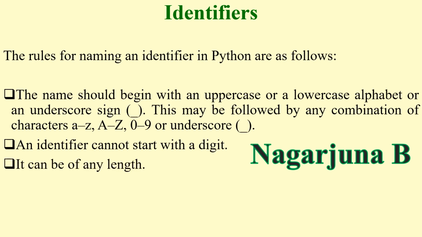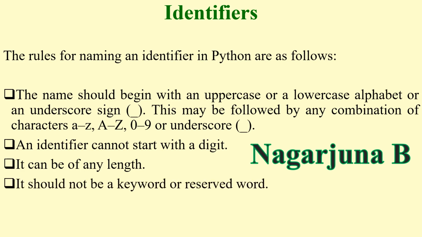It can be of any length. There is no restriction for an identifier name. It should not be a keyword or a reserved word. As I told in the previous video, a keyword or reserved word has a special meaning and cannot be used for any purpose other than for which it has been defined.